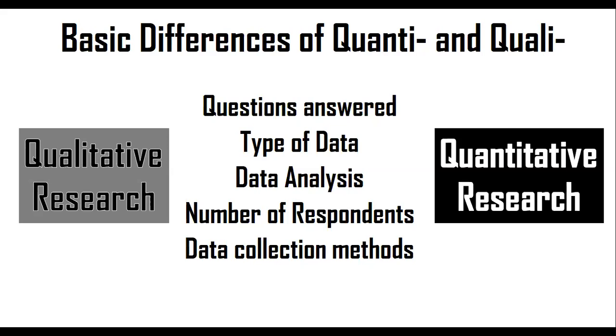For example, Slovin's formula has been used for a long time to get what we call the sample size for quantitative research. And in quantitative research, the more respondents there will be, the more reliable is your research, since that sample size would represent the whole.